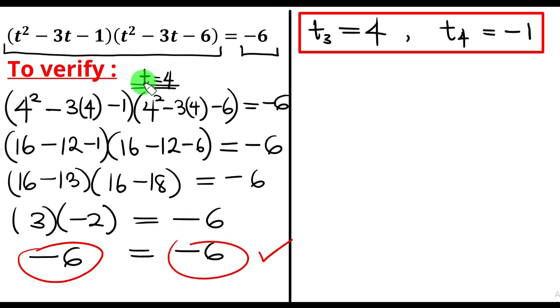I haven't tested for t equals 4, so I want to check for t equals minus 1. If that is correct also, what am I going to do? Wherever I can find t in the question, I'm going to replace it with minus 1.